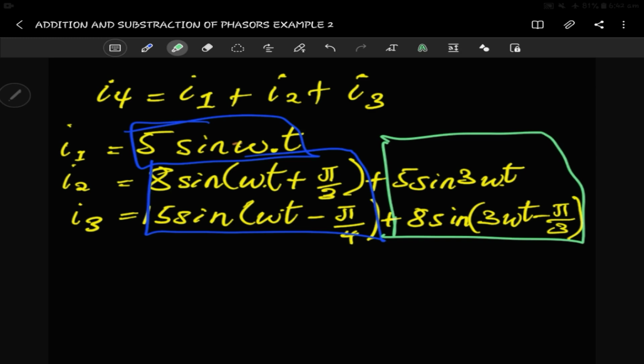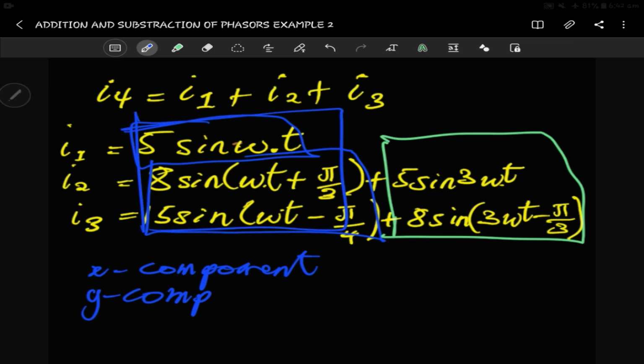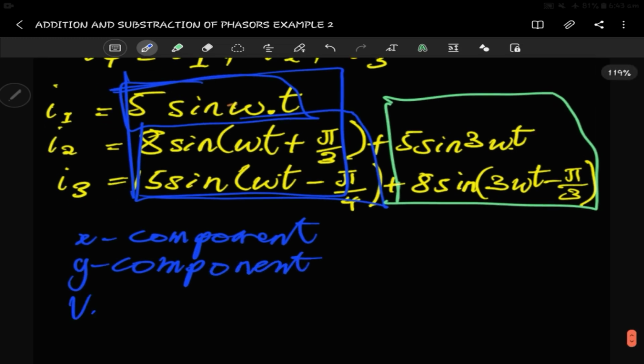What we saw was that one of the things we need is that we find some kind of X component, and then we find a Y component for each frequency, right? For each type of frequency. So if you are solving this part here, we find the X component, the Y component, and we find the VM, or the peak value.